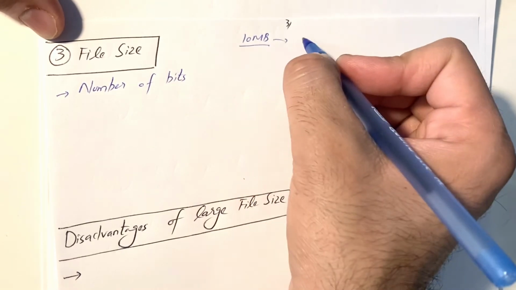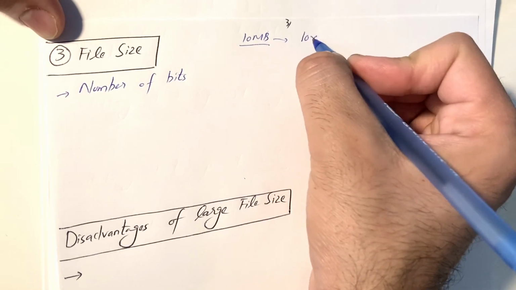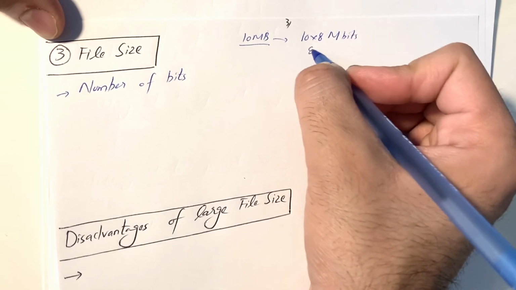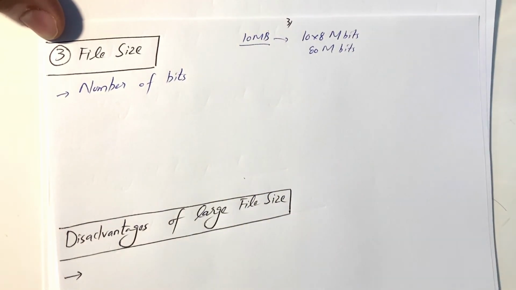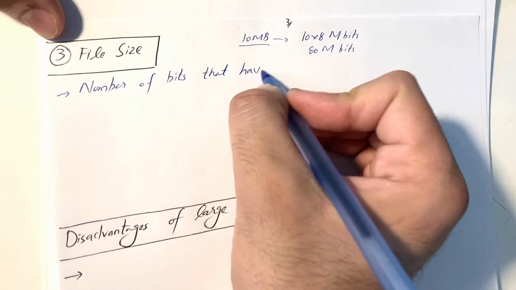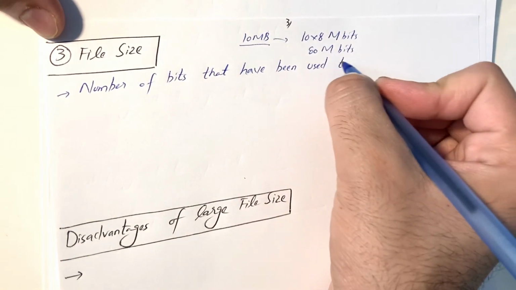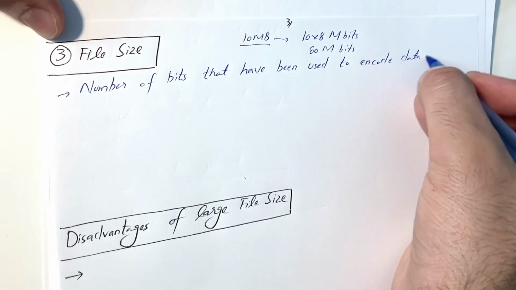Each byte has 8 bits, so 10 multiplied by 8 gives 80 megabits, if you want to convert them. So file size is nothing but the number of bits that have been used to encode data or information.